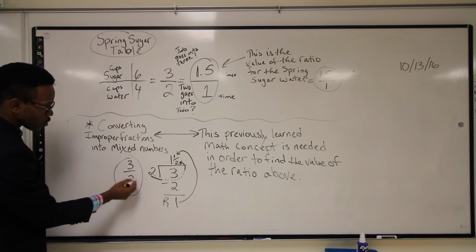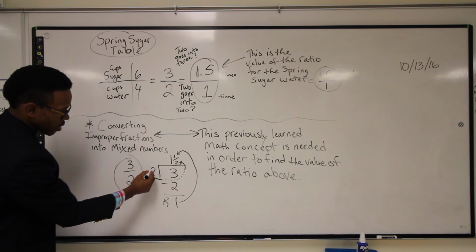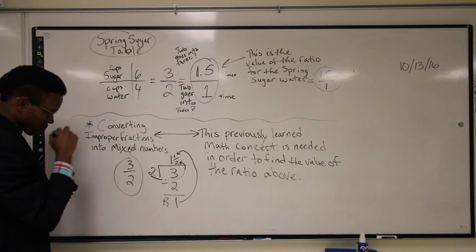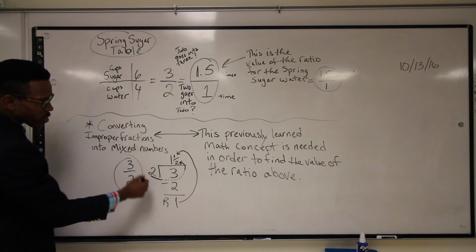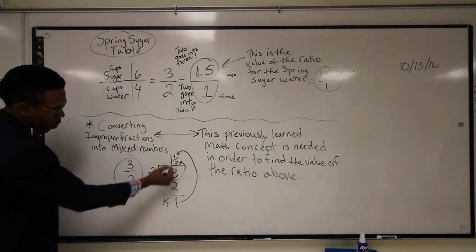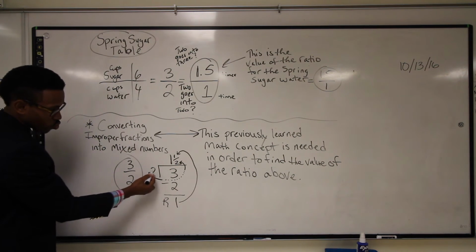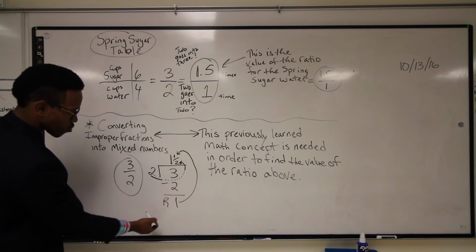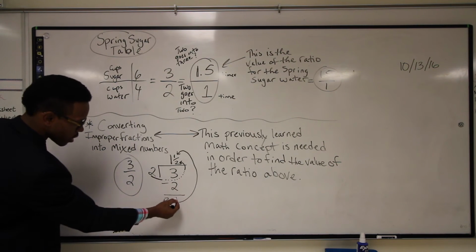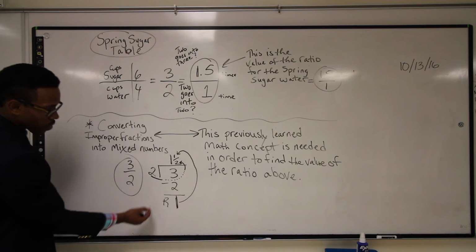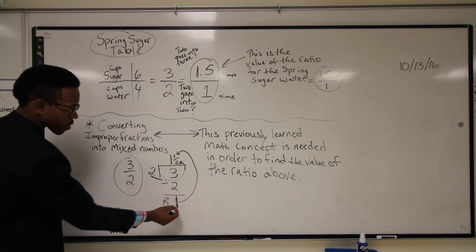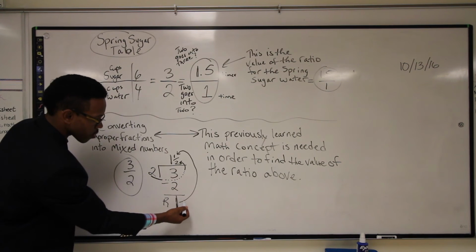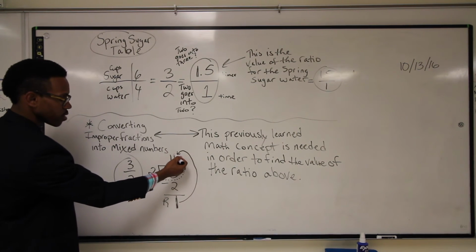So I have 3/2. I brought it down here. 2 goes into 3 how many times? I know I could get it in there once. 2 times 1 is 2. I bring my 2 down. Then I do my subtraction, right? 3 minus 2 is 1. So I'm left with a remainder of 1. Now I bring my remainder up here to the top, 1.